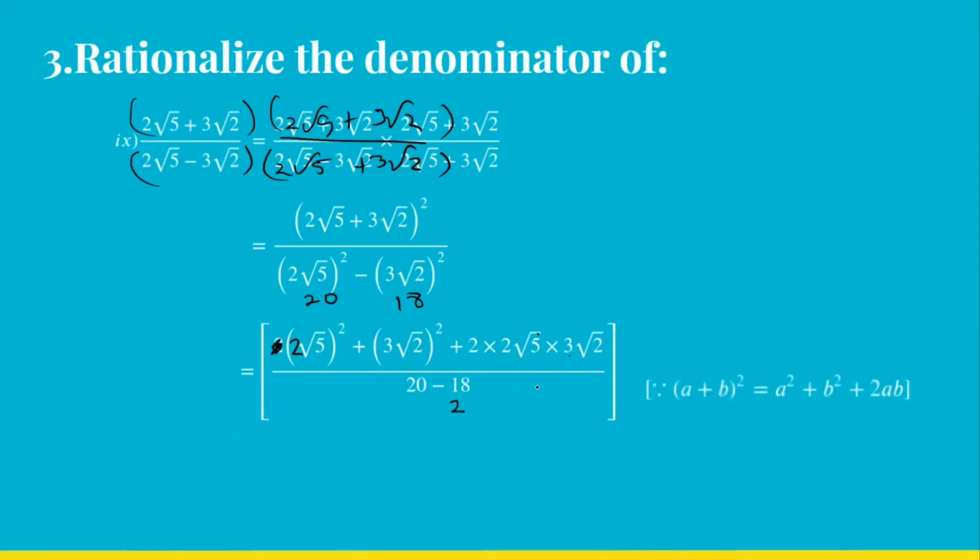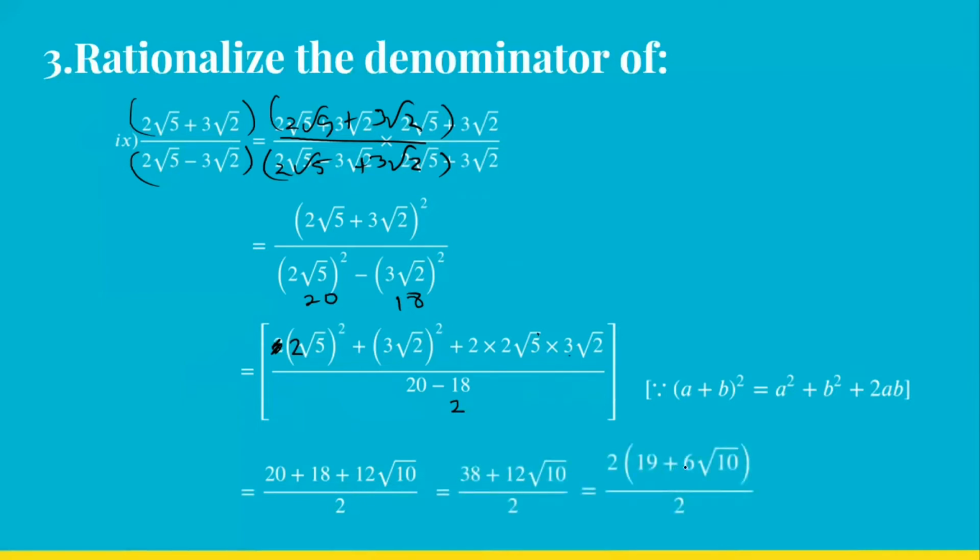In the numerator, 2 root 5 square is 20, 3 square is 9, 9 into 2 is going to be 18. 2 2s are 4, 4 3s are 12, root 5 into root 2 is root 10, so 12 root 10. 20 plus 18, we get 38. Now we can take 2 common from here. We are left with 19, 2 into 19 is 38. 2 6s are 12. This 2 got cancelled. Our final answer is 19 plus 6 root 10.